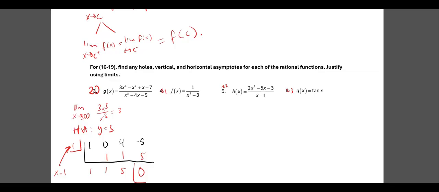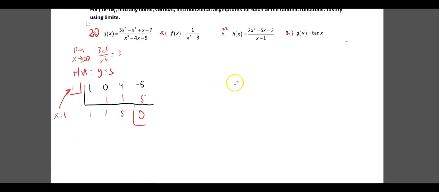Let me show you what it looks like if you were to factor this out: this top all over this bottom. This is x minus 1. If you move the 1 back over, subtract 1 on both sides, you get x minus 1 equals 0.